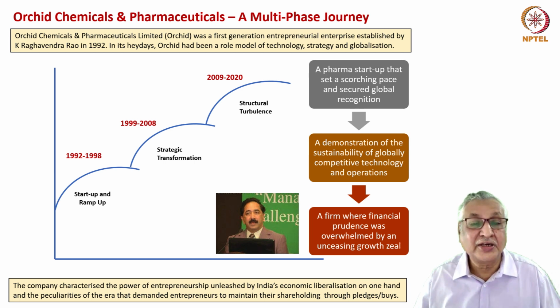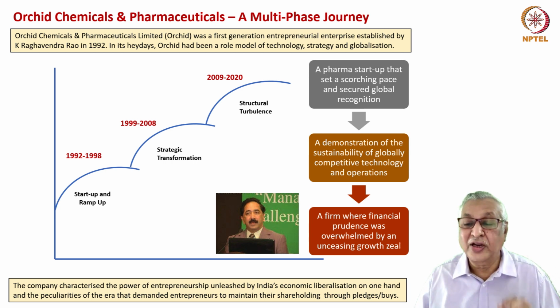The years 1999 to 2008 pertain to the strategic transformation phase, and the years 2009 to 2020 pertain to the structural turbulence phase. Orchid has been a pharma startup that set a scorching pace and secured global recognition in no time. This is a demonstration of the sustainability of globally competitive technology and operations.